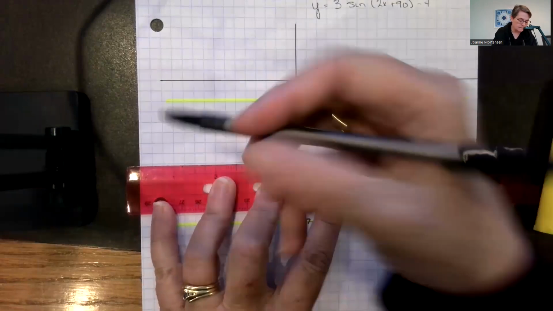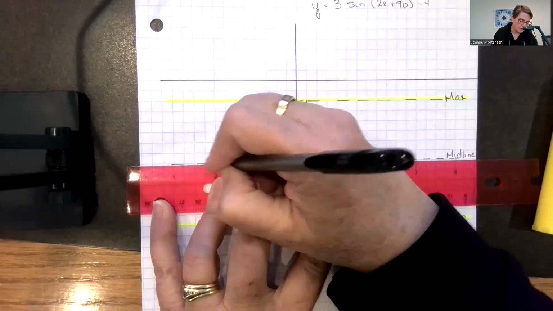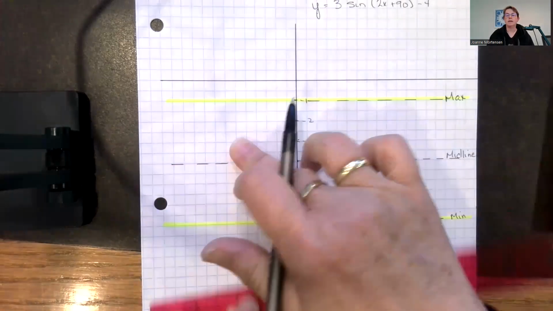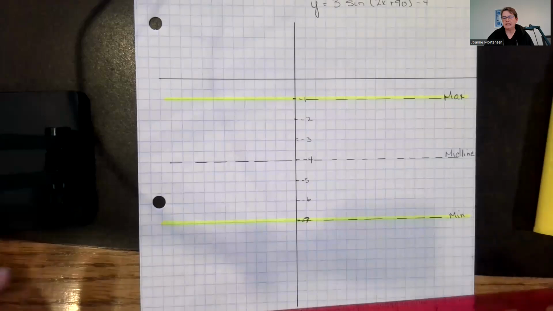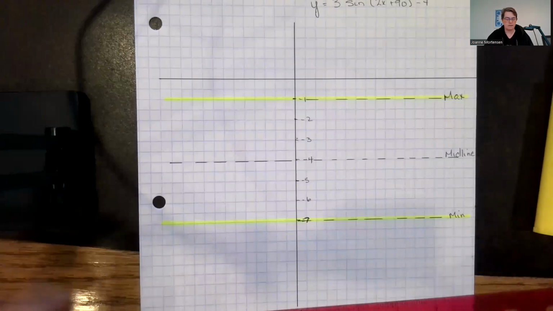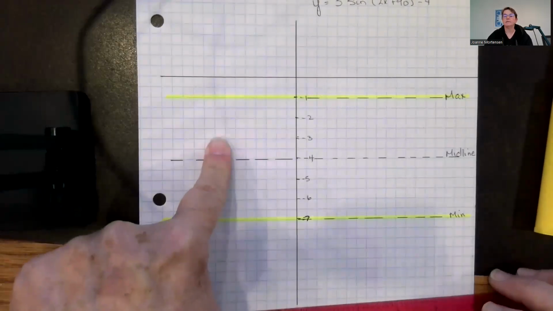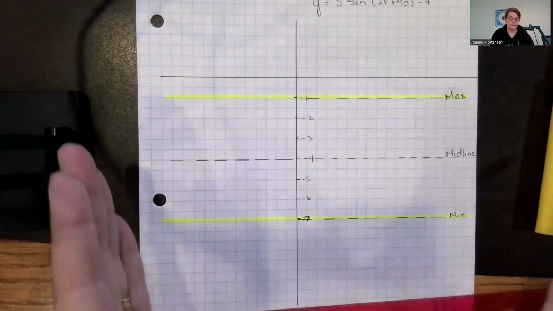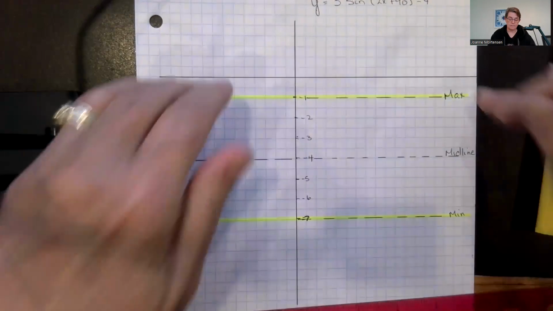I'm putting stuff on the left side, because I'm pretty sure that my start is going to be somewhere negative here. 90% sure. So all I know right now, there's my top, there's my bottom.